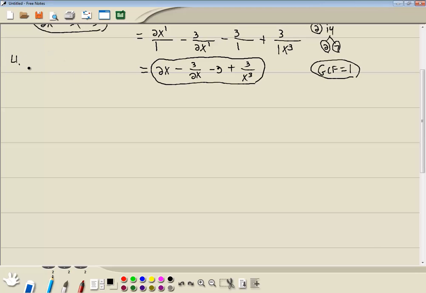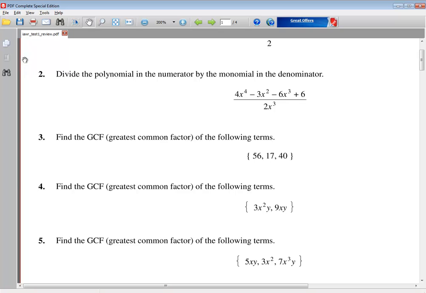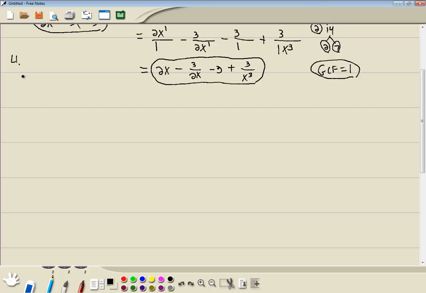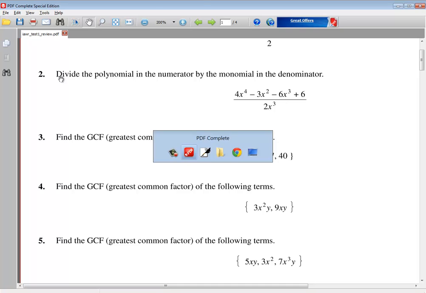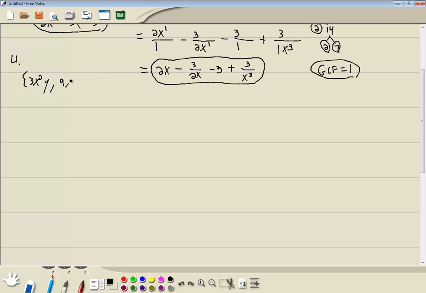Okay. Number 4. We got 3x squared y and 9xy and want the GCF. Okay, let's start with the numbers first.